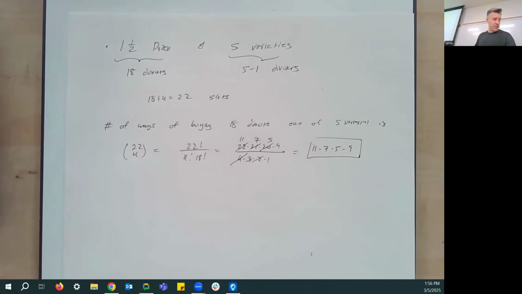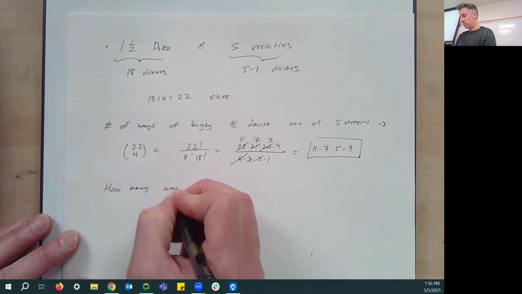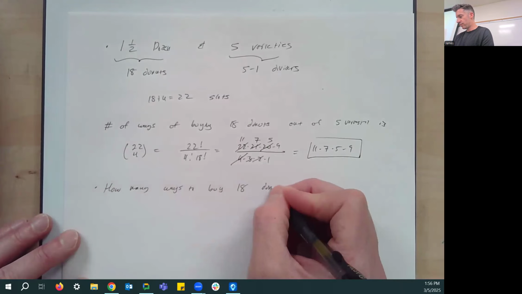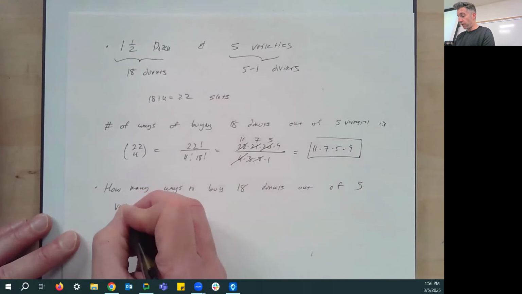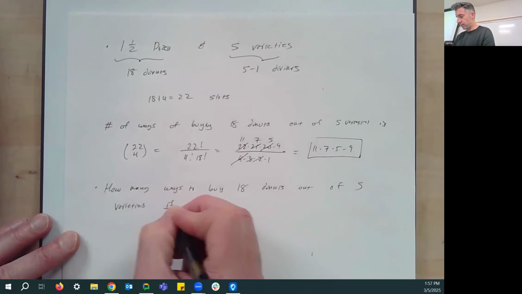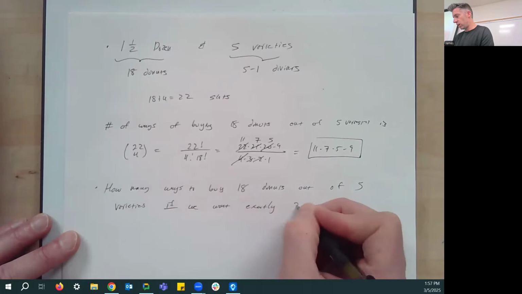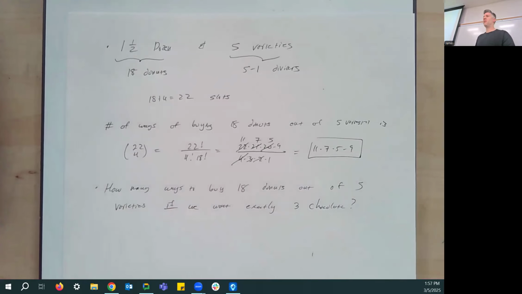Here's an interesting twist. How many ways to buy 18 donuts out of 5 varieties if we want exactly 3 chocolate? Well, really, you just reduced the problem, right? We don't really want to buy 18 donuts out of 5 varieties.